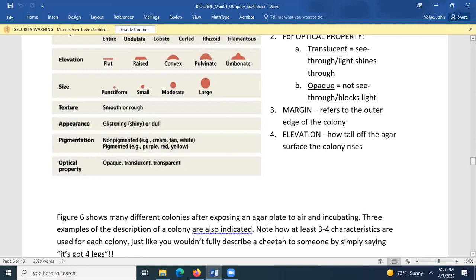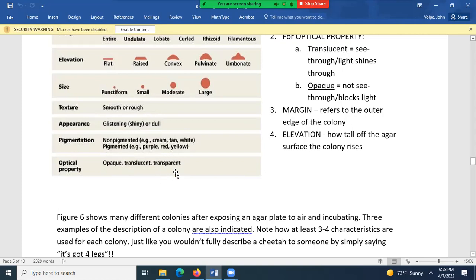And then there's optical property. Most colonies are opaque. You can't see through them. Translucent would be like slightly muddy water. You can see through the colony, but you can't see perfectly through it. It's not like crystal clear water. And then there's transparent. You can see through the colony.